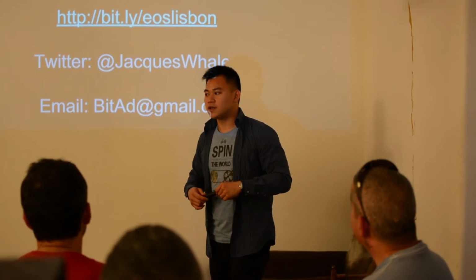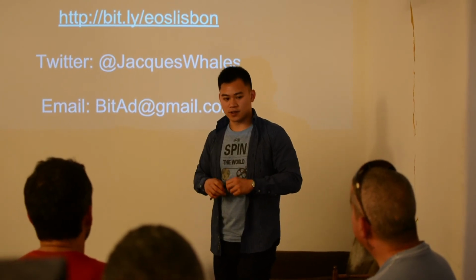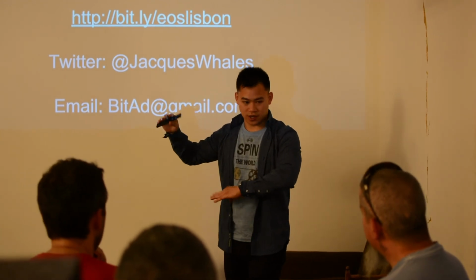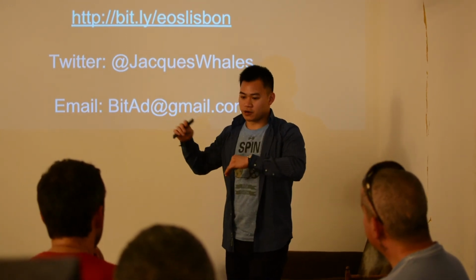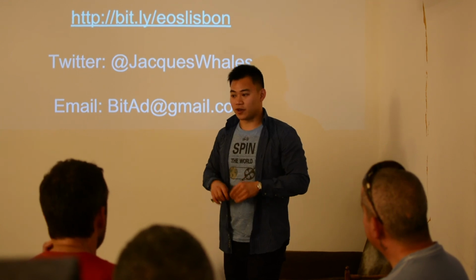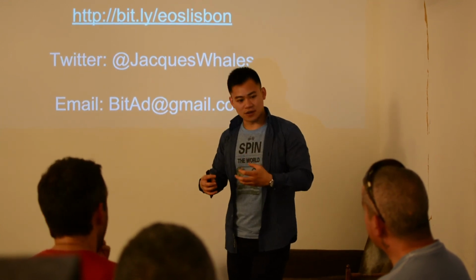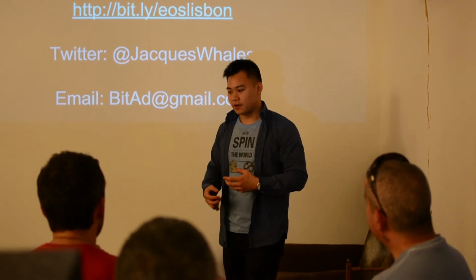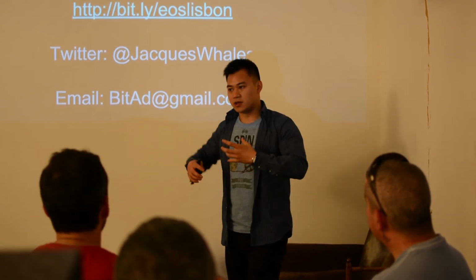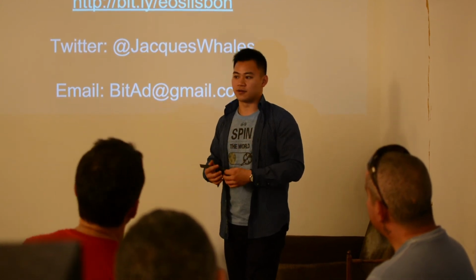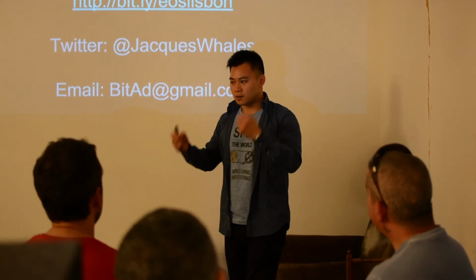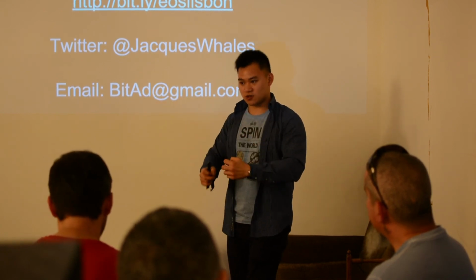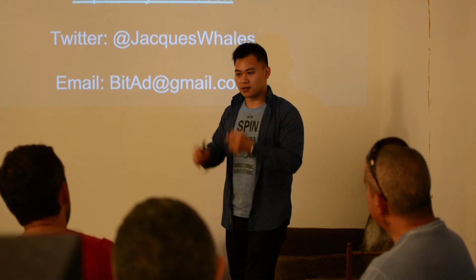So in EOS, not only the top 21 get paid, it's the top 121. So you have a list of 100 extra candidates to choose from. Now I agree that the competition is very fierce. We talk about Bitfinex, we talk about Bankera, these guys have massive hardware and military-grade security. It's very difficult to compete with them. But again, Bitmain is one of the most technologically advanced players in the industry, and they're not getting elected.